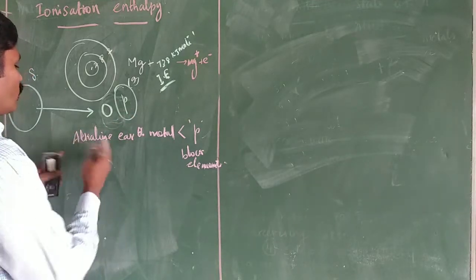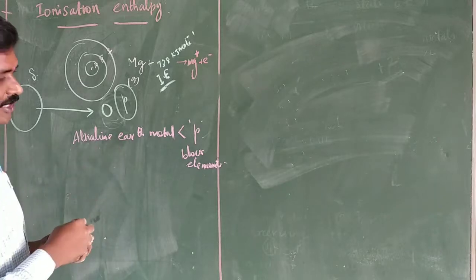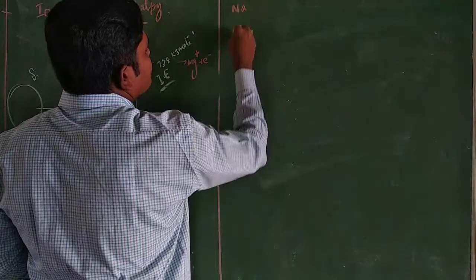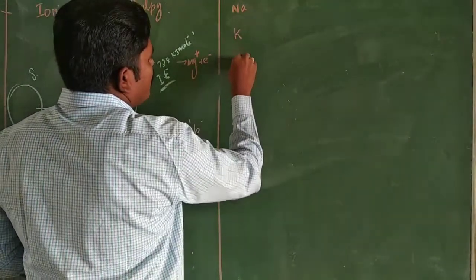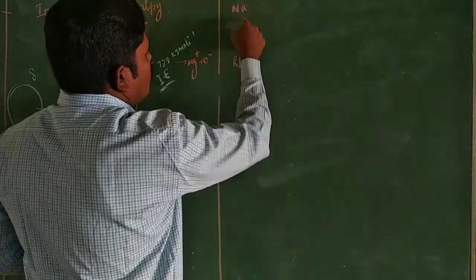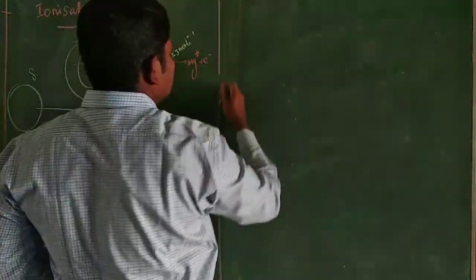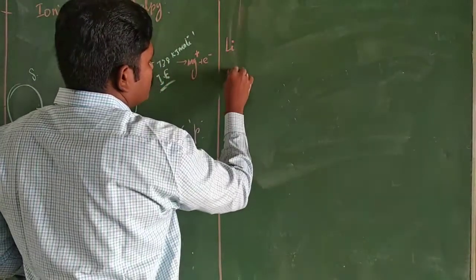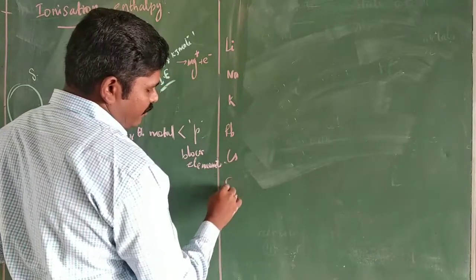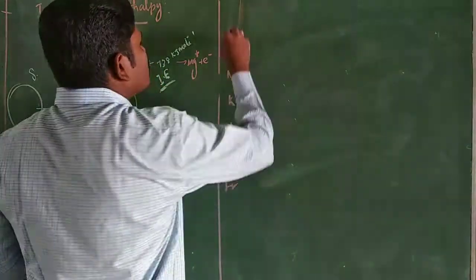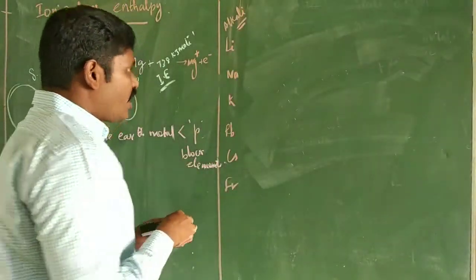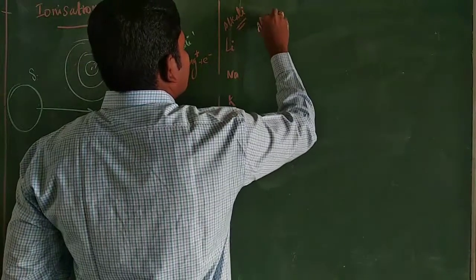Now compare alkali and alkaline earth metals. Alkali metals: lithium, sodium, potassium, rubidium, cesium and francium.